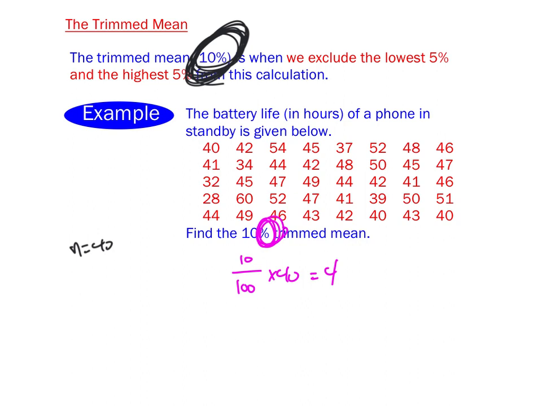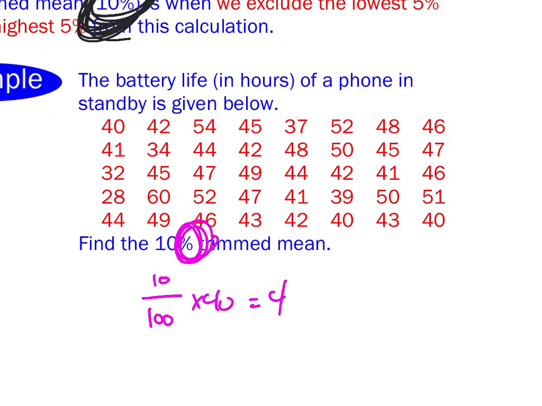So what are the 2 lowest numbers? What's the lowest number? 28. I agree. How about the second lowest? 32. I agree, because I don't think I saw anyone lower than that. Okay, now let's look for the highest numbers.